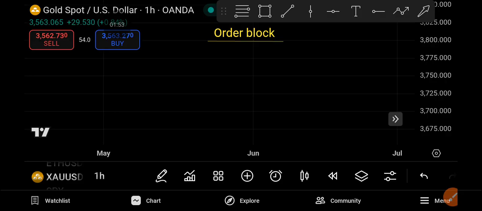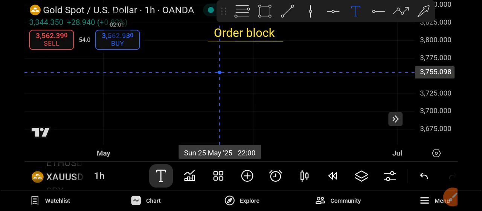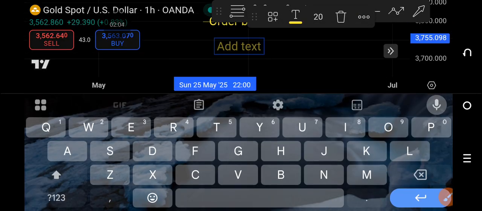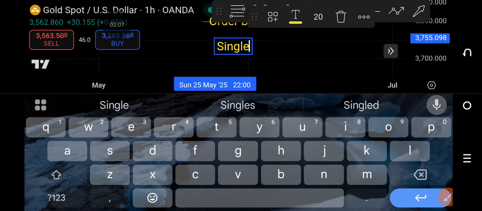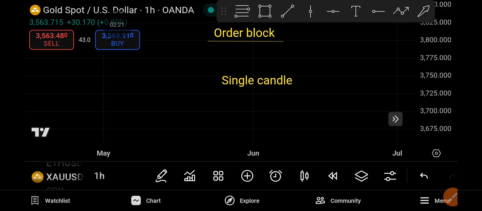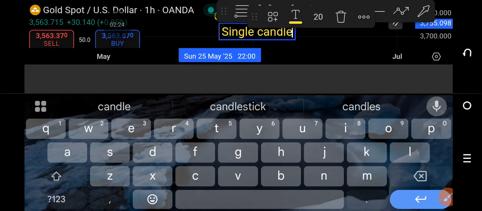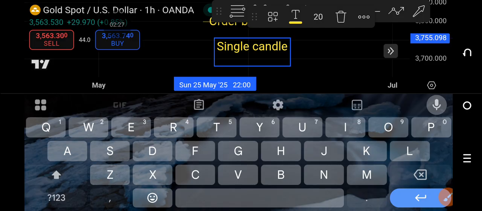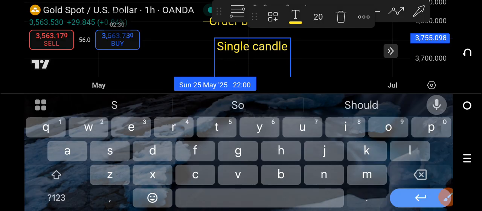Now I'm going to show you how an order block is formed, because we have two types of order blocks. Let me first explain the types. We have a single candle order block and we have the standard order block.